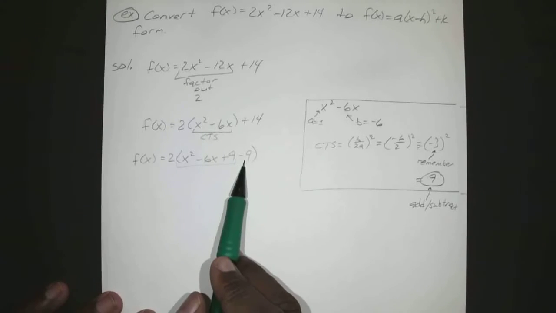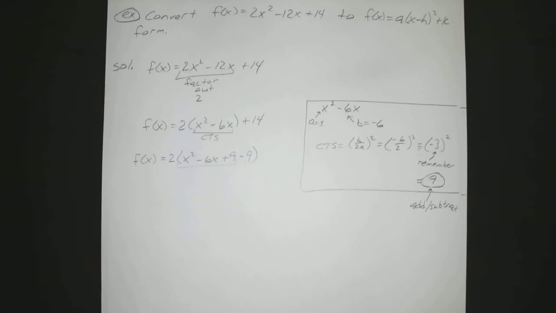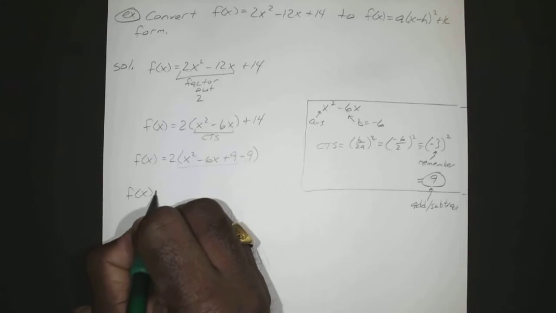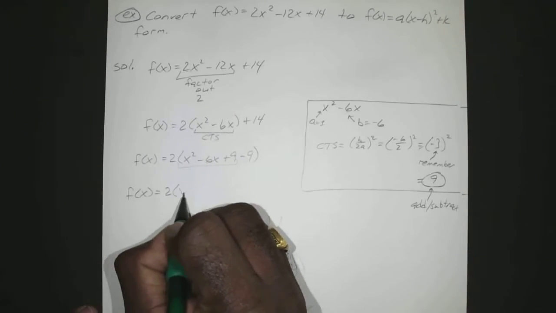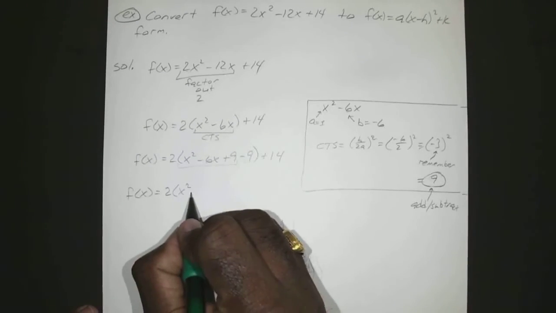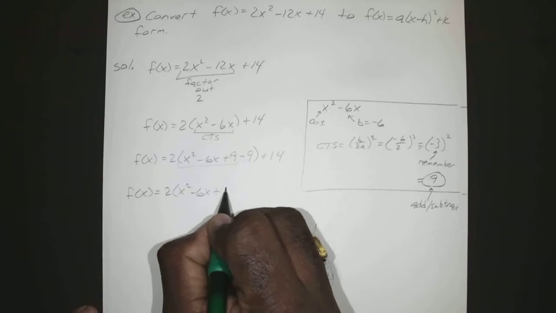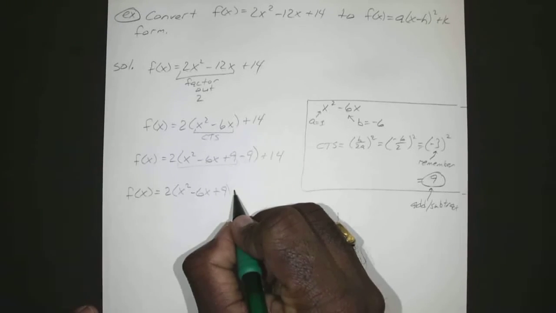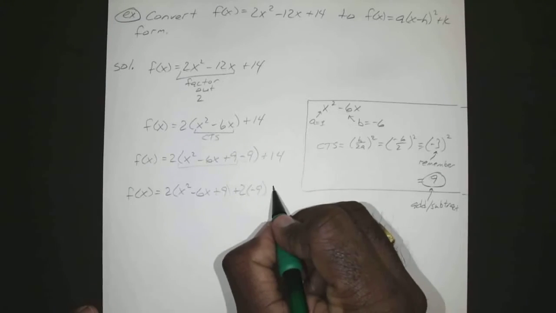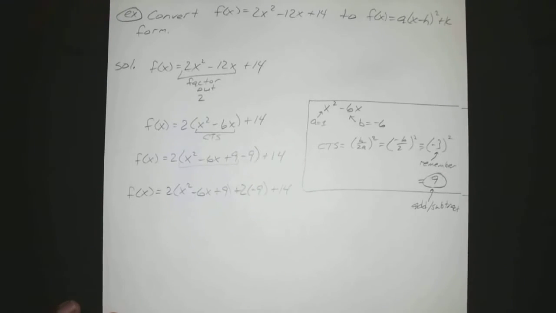So if you're going to take that minus 9 out of there, you have to remember to take it out, but still multiply it by 2. Does that make sense? All right. So you have f of x equals 2 times x squared minus 6x plus 9, plus 2 times negative 9, plus 14.